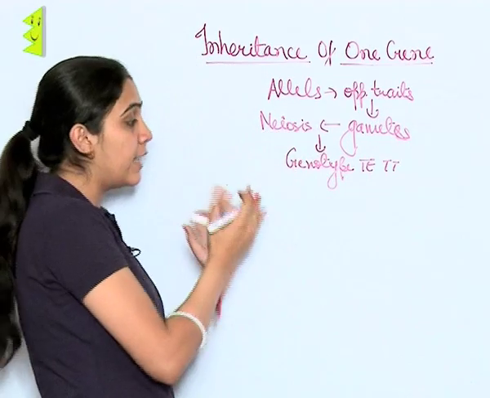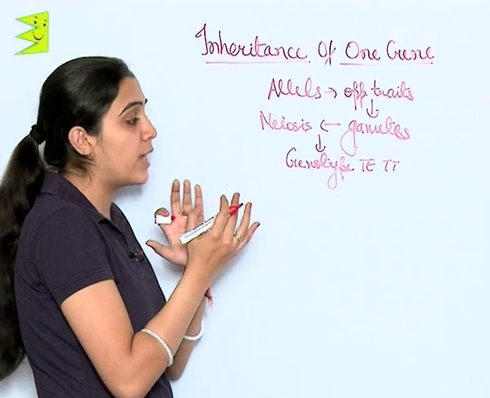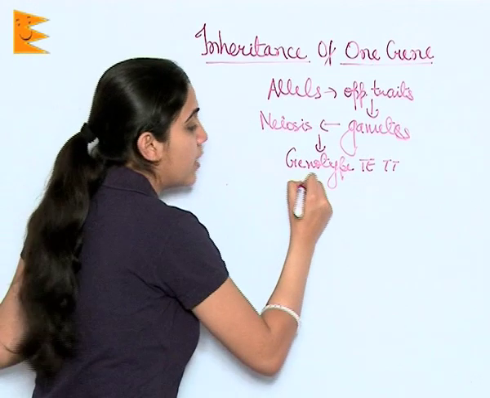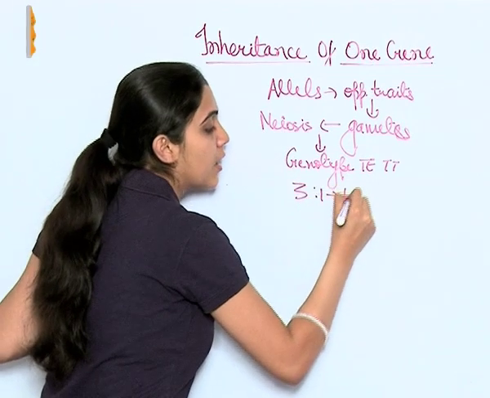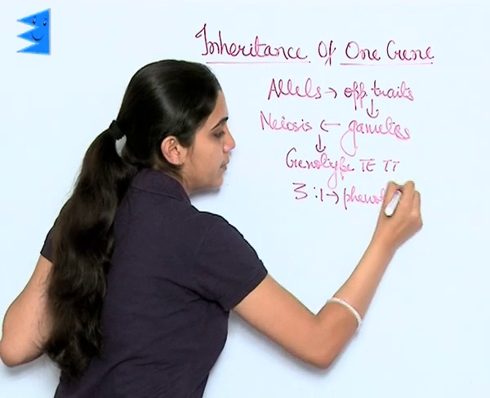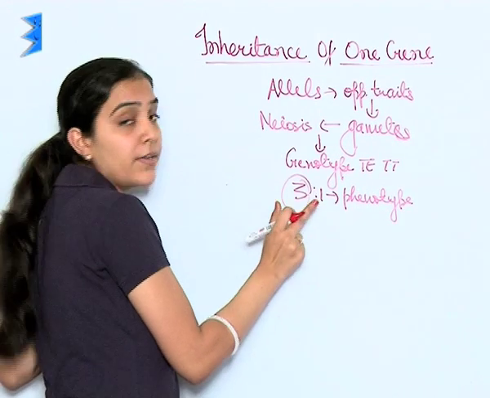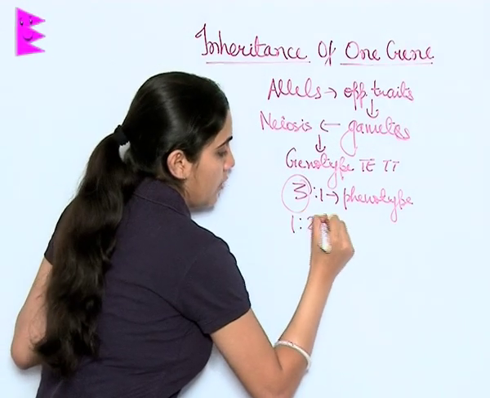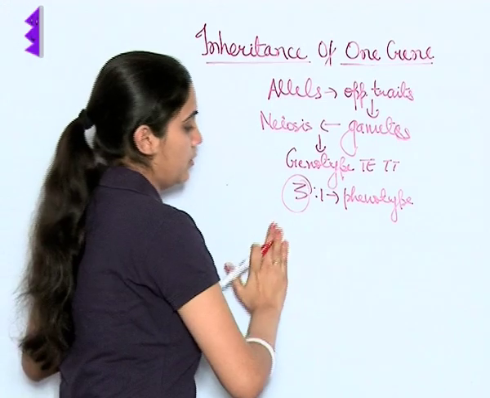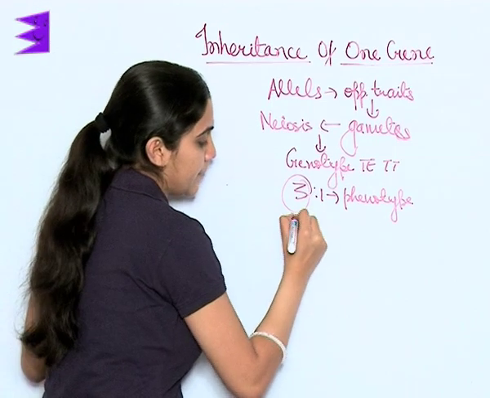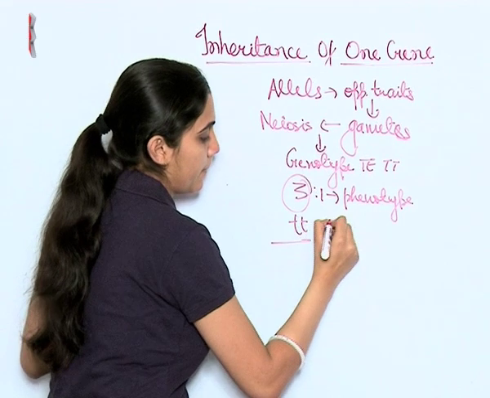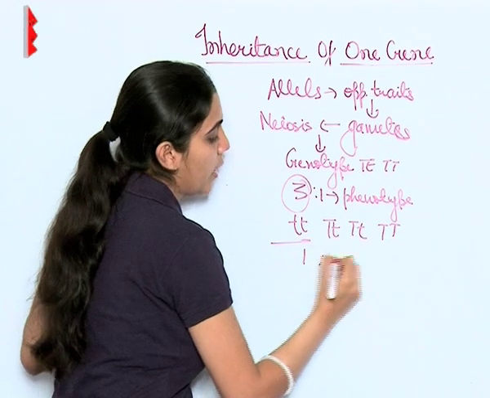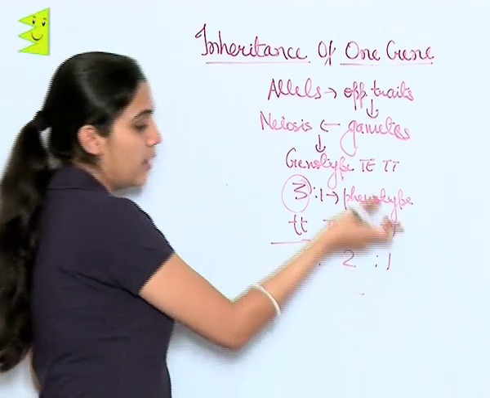On the other hand, we may say that genotype and phenotype are not similar to each other. In the F2 generation, as we observed in the Punnett square, 3:1 is the phenotype, that is, 3 tall and 1 dwarf plant were observed. But when you see the genotype, it is 1:2:1.